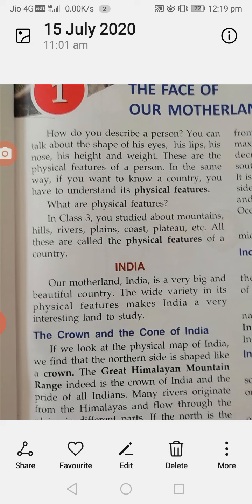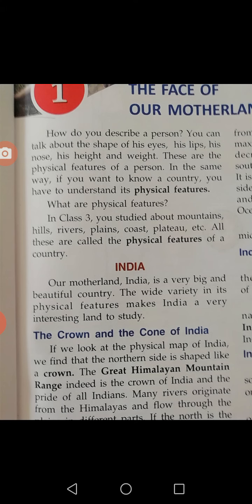Now come to our country, India. Our motherland, India, is a very big and beautiful country. The wide variety in its physical features makes India a very interesting land to study. See, the crown and the cone of India.